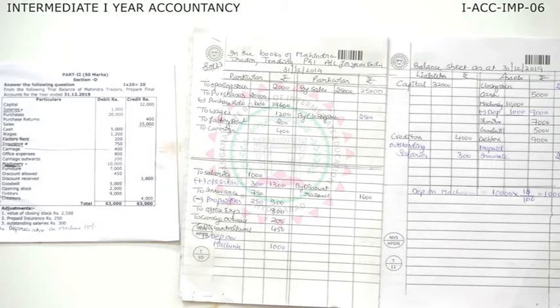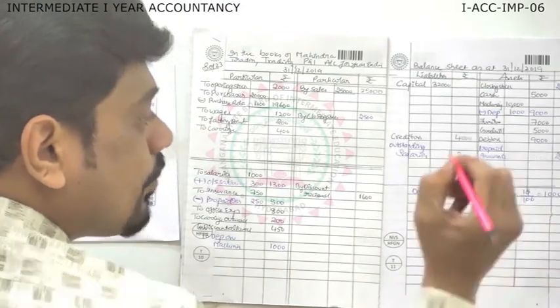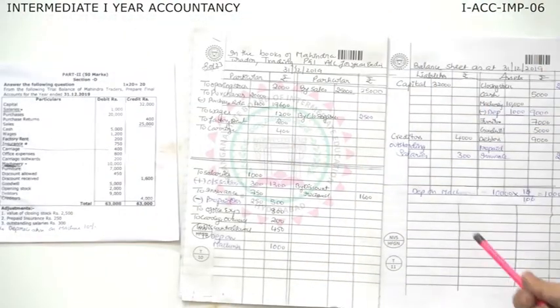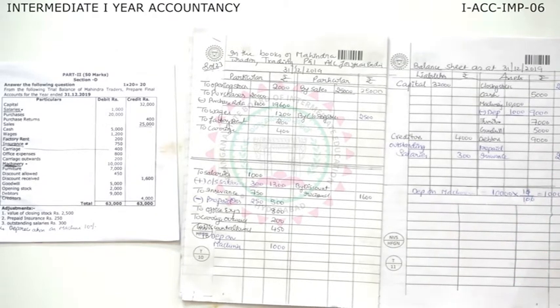Here itself, in 2 pages, we can complete the whole story of final accounts. So we make 3 parts neatly: first part for trading account, second profit and loss account, and here the balance sheet.